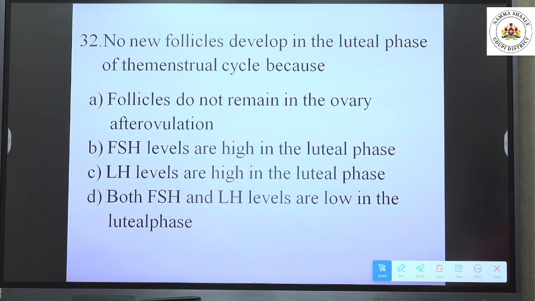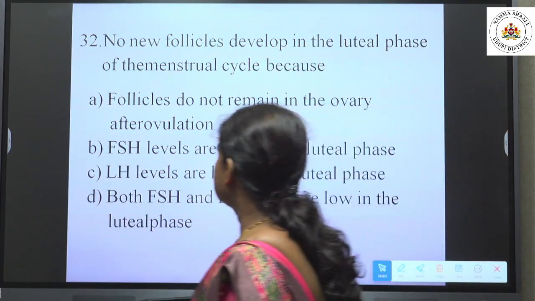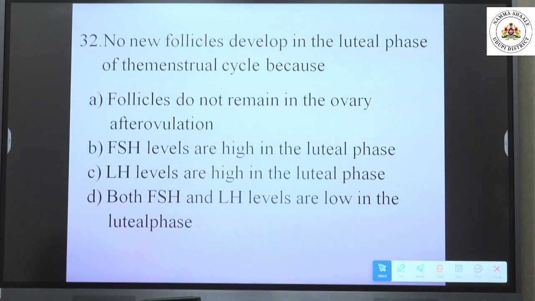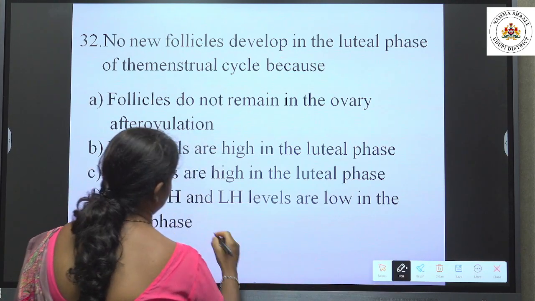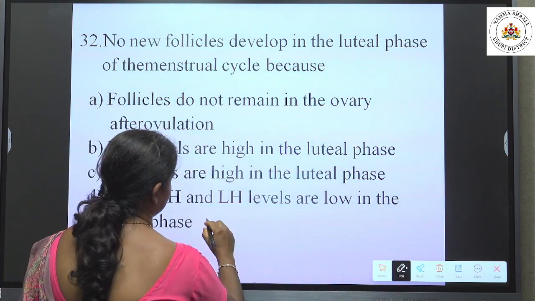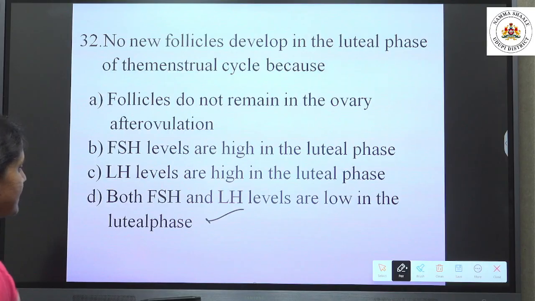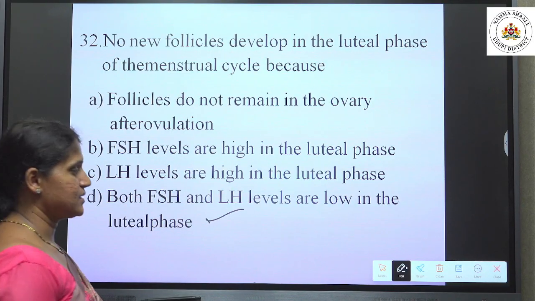And both FSH and LH levels are low in the luteal phase. The last one is correct: both FSH and LH levels are low in the luteal phase.